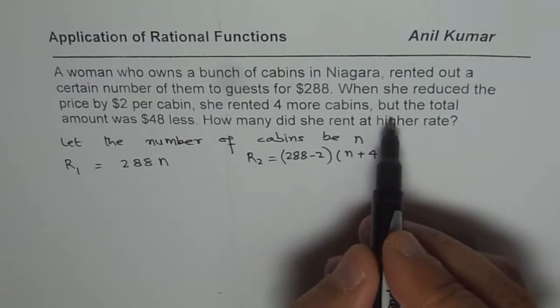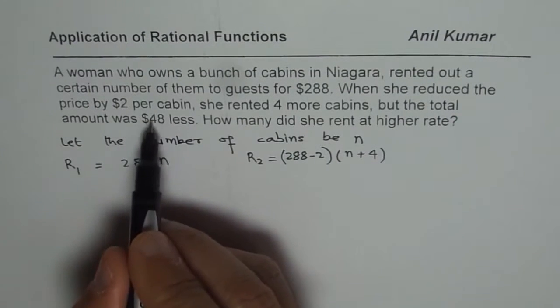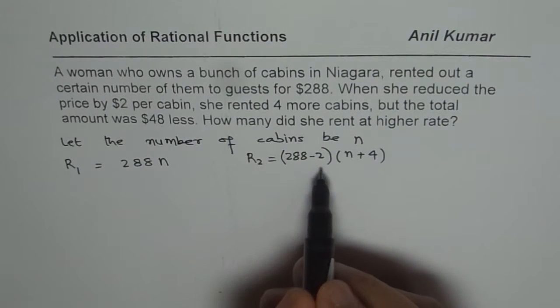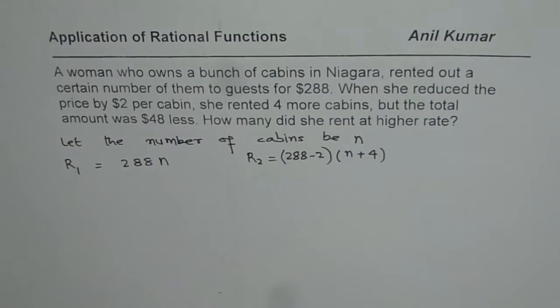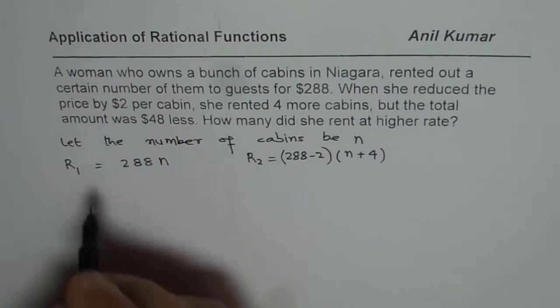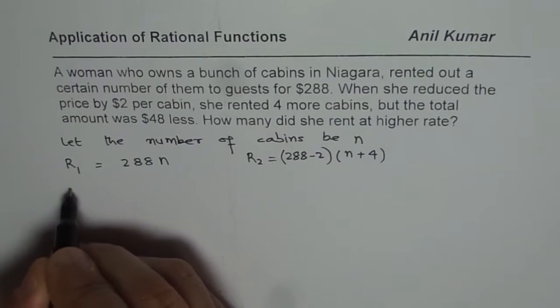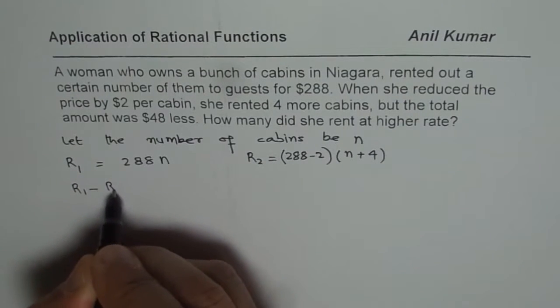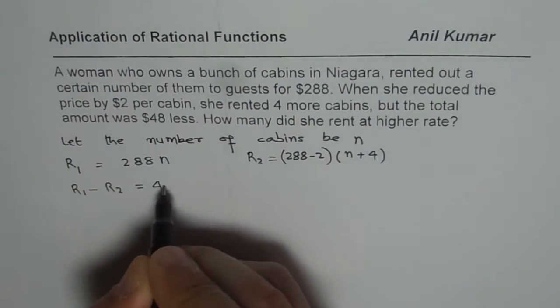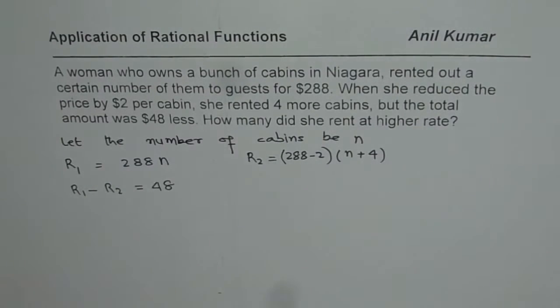Now it says, but the total amount was 48 less. So this revenue is less by $48. That is to say, we could write this equation now as revenue 1 minus revenue 2 is $48. So that becomes our equation, right?